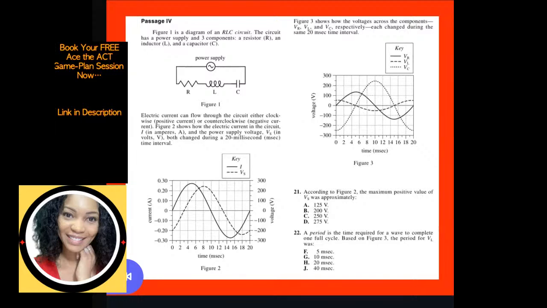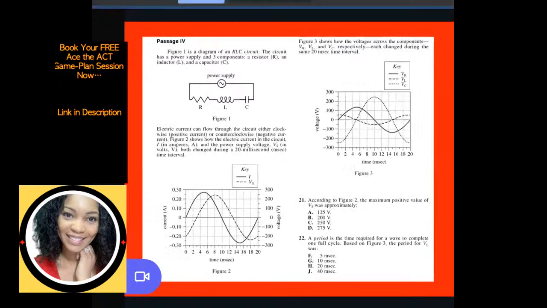So we have A, 125 V, I'm going to assume that's volts, but like I said, I haven't read the passage yet. If I go back and read the passage, then I'll know for certain what the V is and the other V, but usually that's voltage, right? B, 200 volts, C, 250 volts, and D, 275 volts. So let's see.